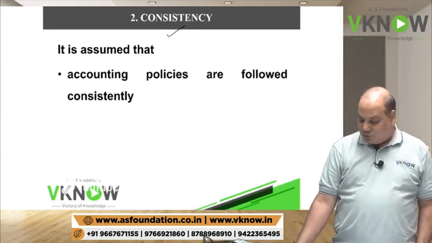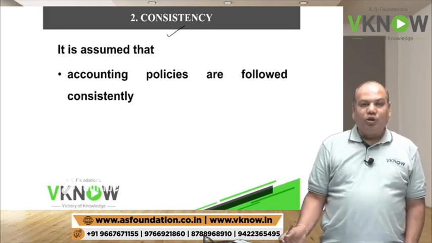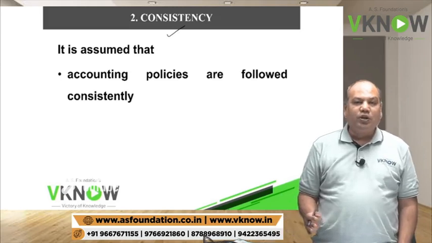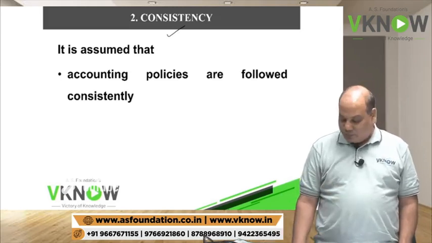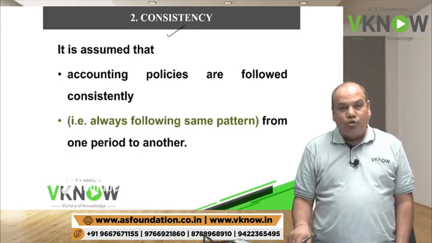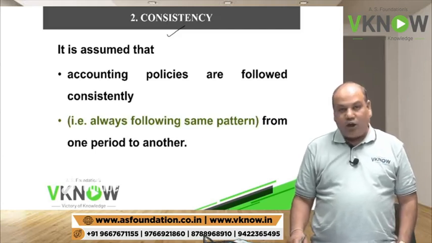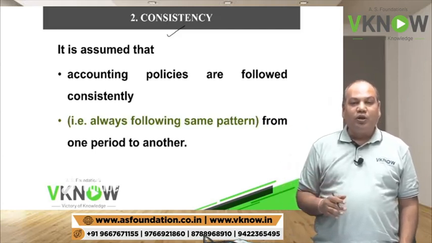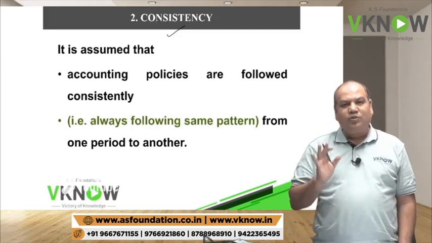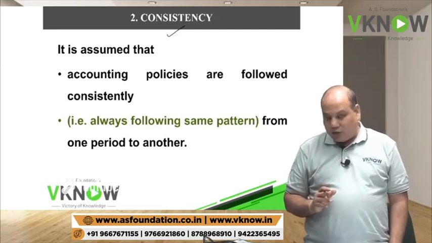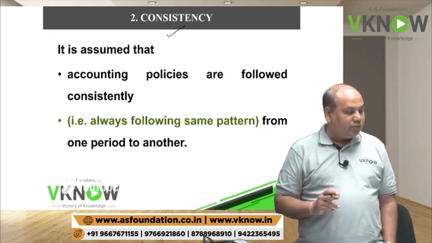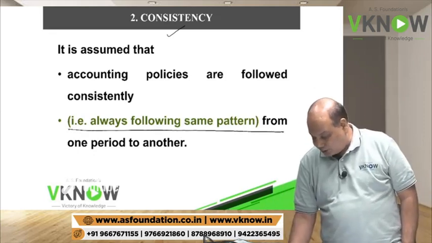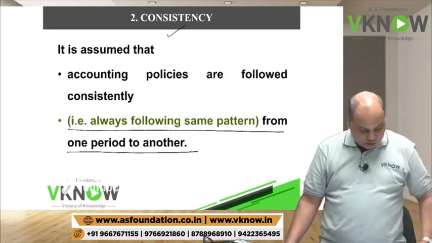The user assumes that the accounting policies followed are the same as in earlier years. So there is no need to mention that we have followed the same accounting policy; he will assume himself. Then when will you disclose? When you have changed the accounting policy. Always follow the same pattern from one period to another.